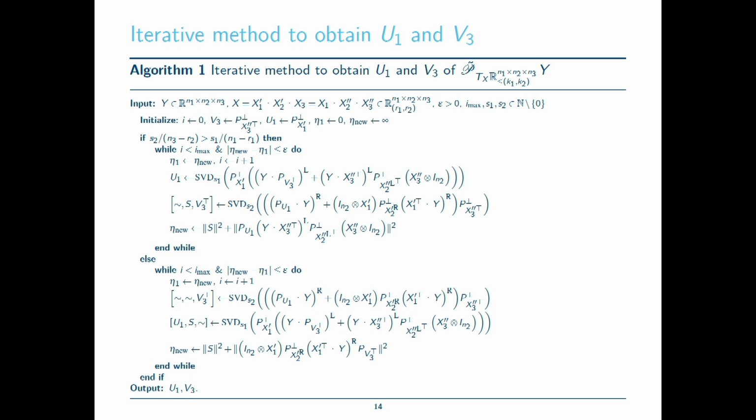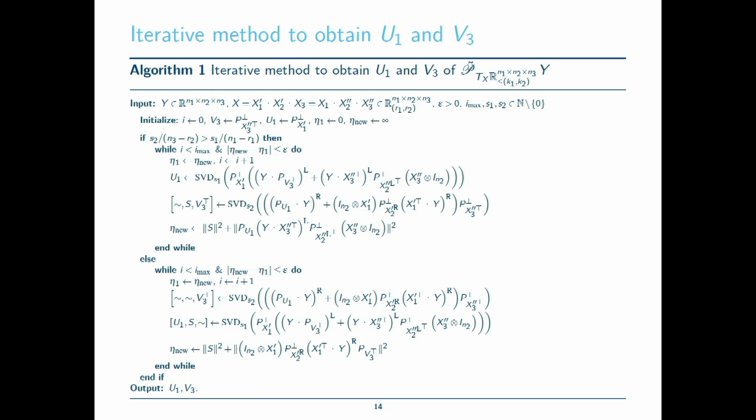And then we have an inner loop with a stopping criterion and a certain maximal number of iterations that can be chosen, and also a tolerance on the norm of the difference of the current approximation that we have obtained.